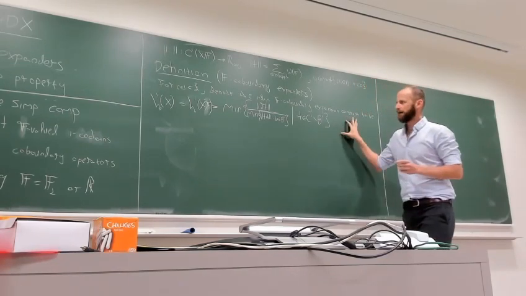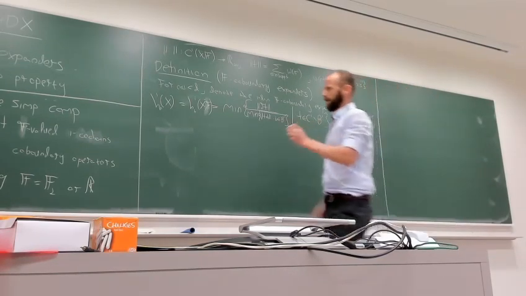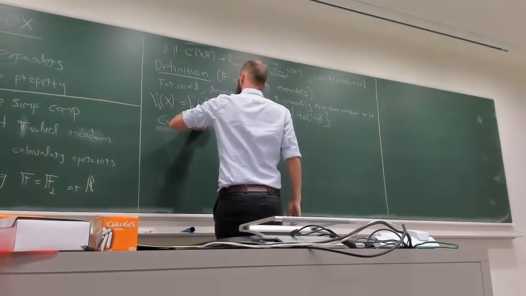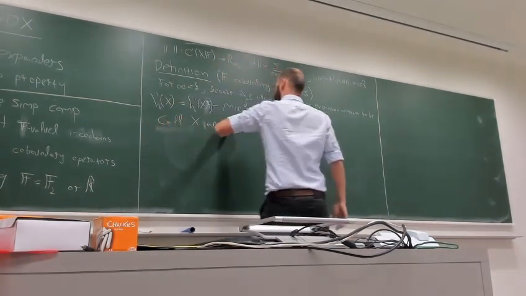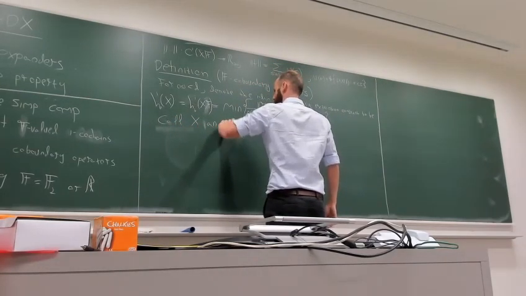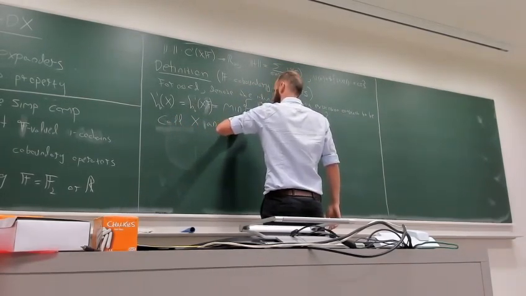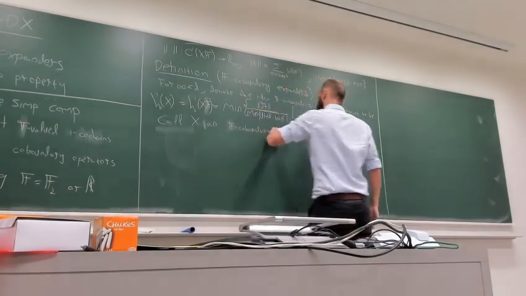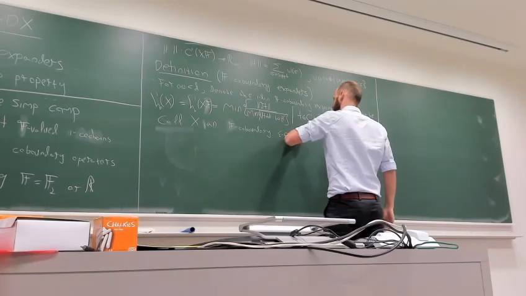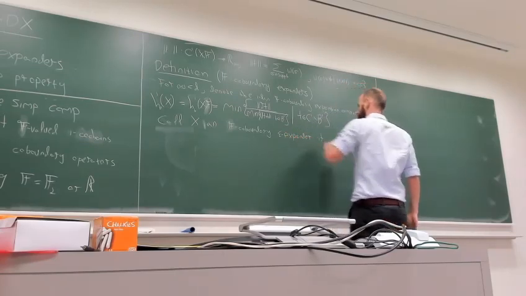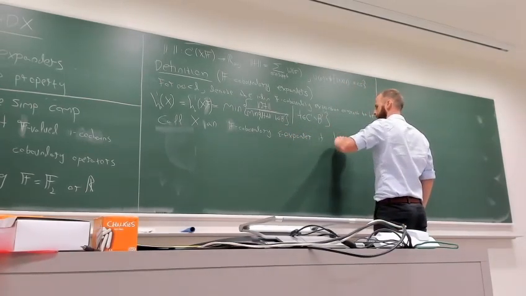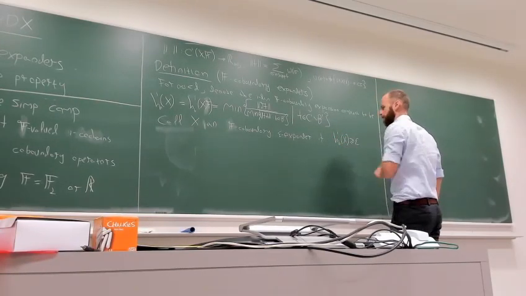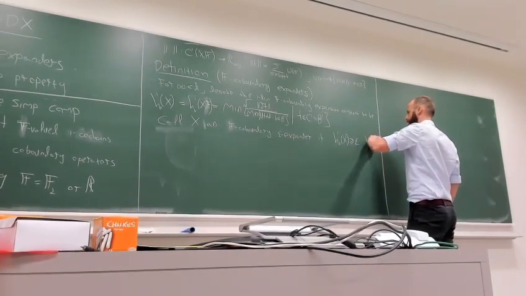Okay, this is a bit abstract at first sight. And now, by the way, call X an epsilon F coboundary expander if this is greater or equal than epsilon for any i smaller than d.